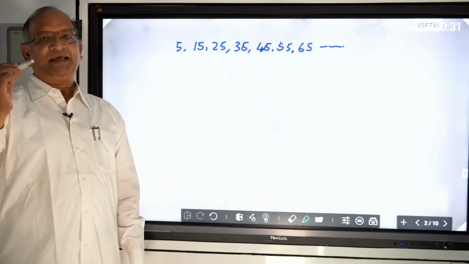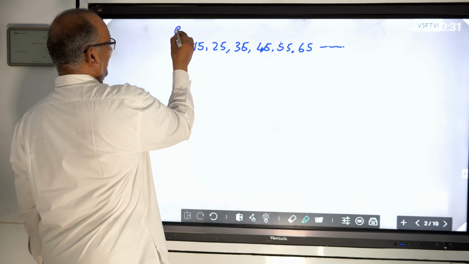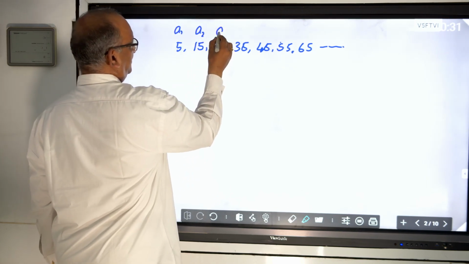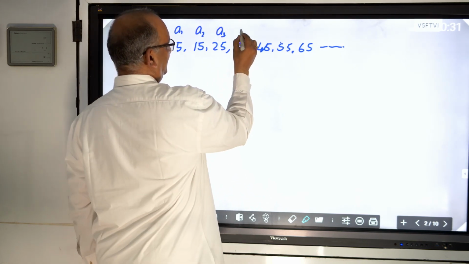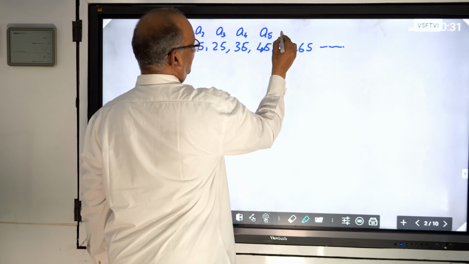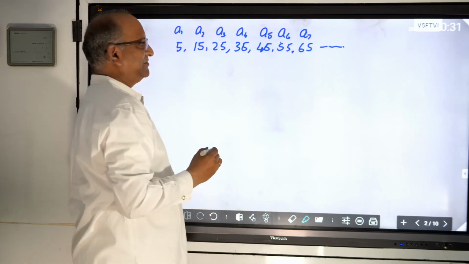Let us give names to the terms. Let us call this A1 because it is the first term, A2 the second term, A3 the third term, A4 the fourth term, A5 the fifth term, A6 the sixth term, A7 the seventh term.